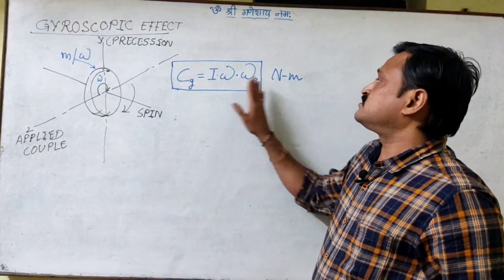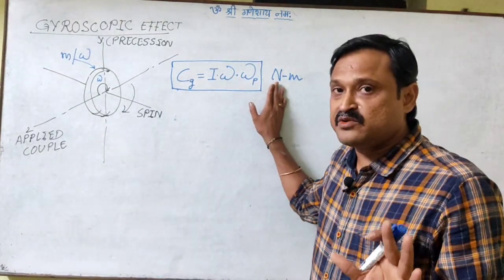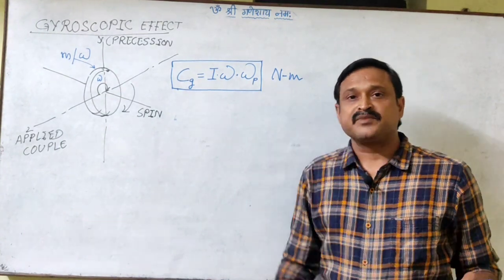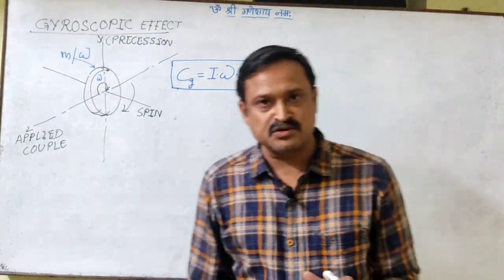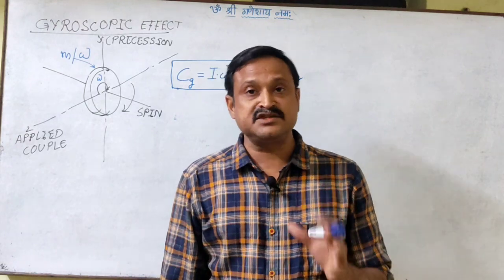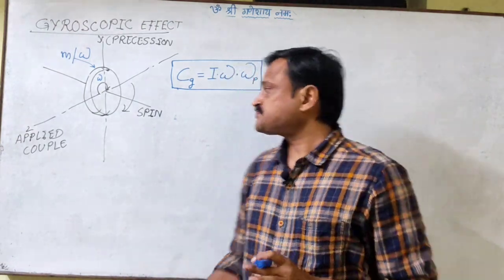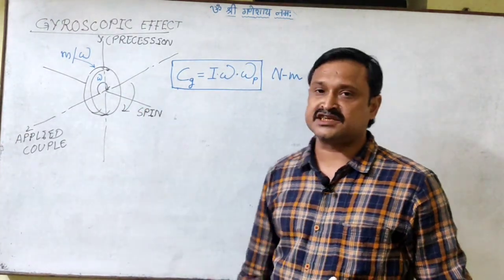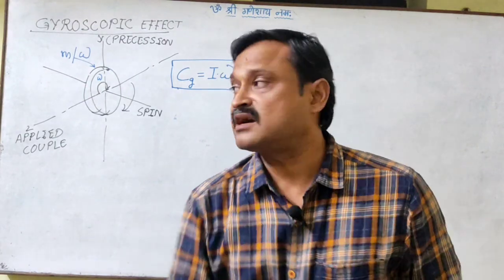So just finding the magnitude will not give me the solution, or it will be an incomplete solution. I will have to determine the sense of rotation also for the couple.